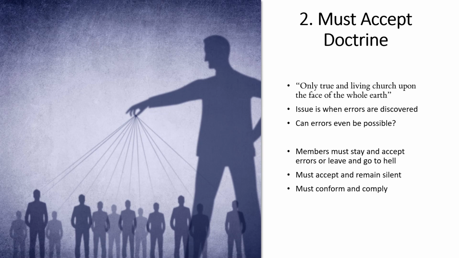However, it is still repeated or alluded to in some form almost every week. During almost every fast and testimony meeting, this idea is also spoken of by individual members. They will commonly praise the church or praise God for the prophet. This, of course, feels pretty good, to be part of the winning team, and most don't really think twice about it.